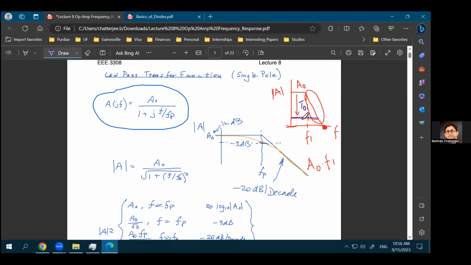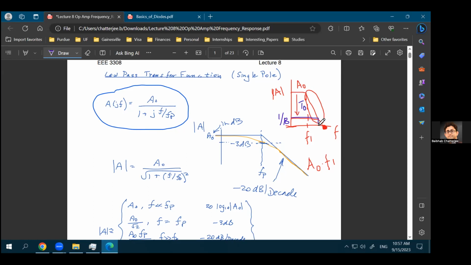Why am I saying that? Because you already know that your closed loop gain will be very close to 1 over beta if your op-amp is ideal. And to reach that point of having gain equal to 1 over beta from the original gain of A0, you have to divide the gain by A0 times beta, which is equal to T0. So your gain reduces by a factor of T0.